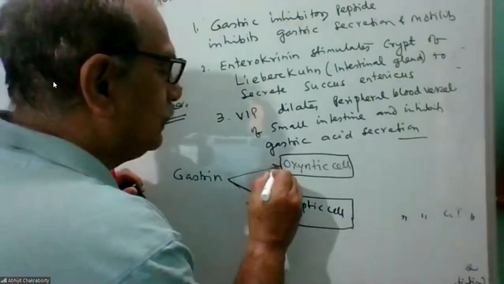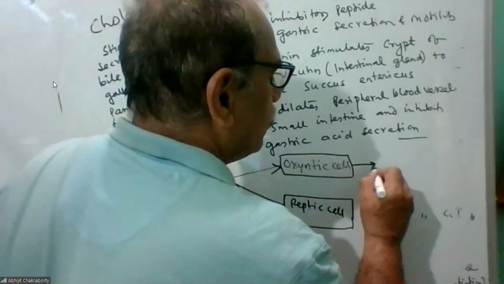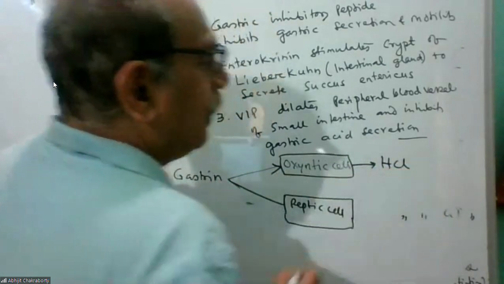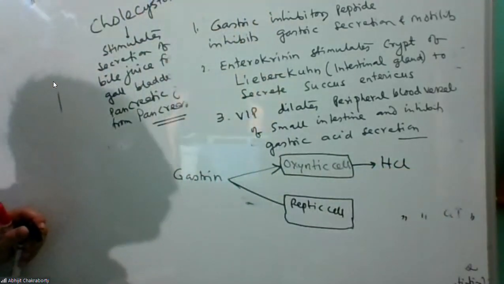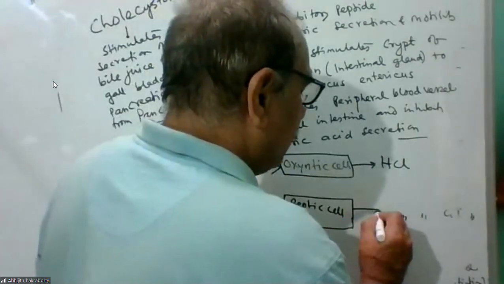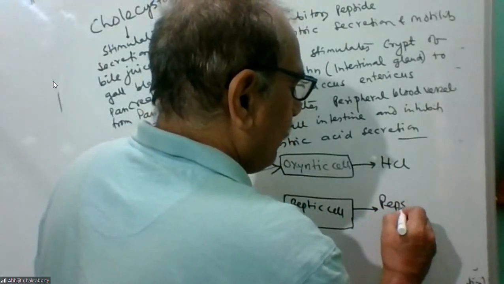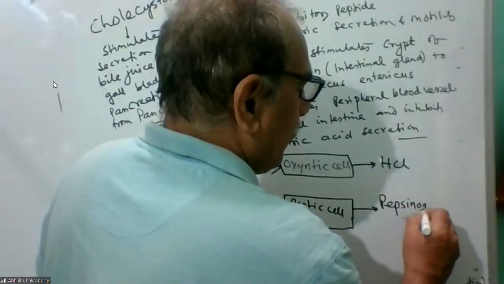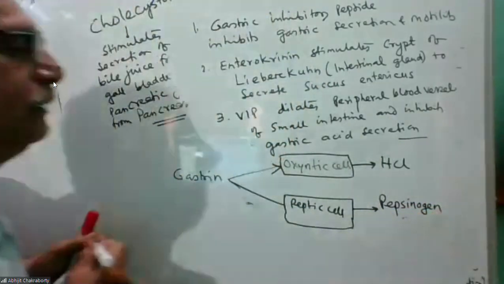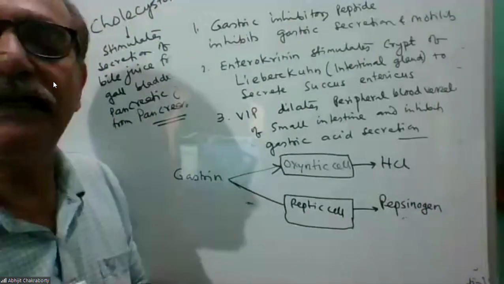Once the oxyntic cell is stimulated, hydrochloric acid is secreted. Once the peptic cell is stimulated, pepsinogen is secreted.